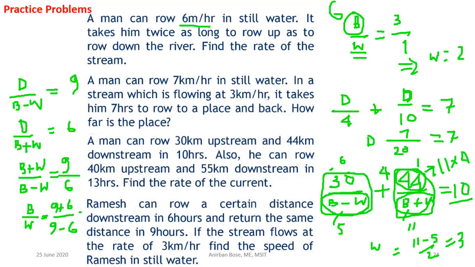Okay, so that will be 15 by 3. So 15 by 3 is 5. So velocity of the boat is 5 times that of the water. So it is known that the stream flows at 3 km per hour. So what will be the speed of the boat? That will be 3 into 5, that is 15. Okay, so answer is 15 km per hour.